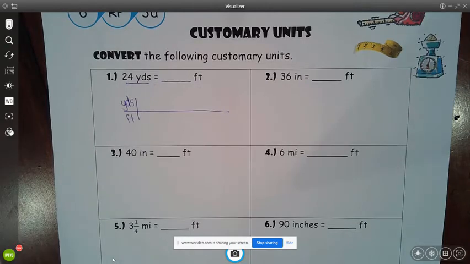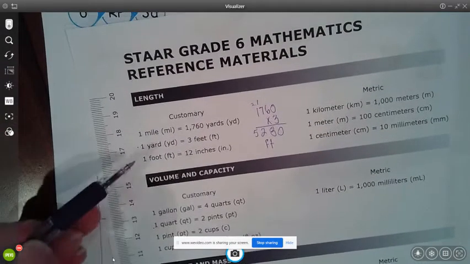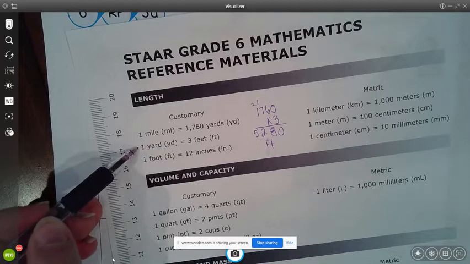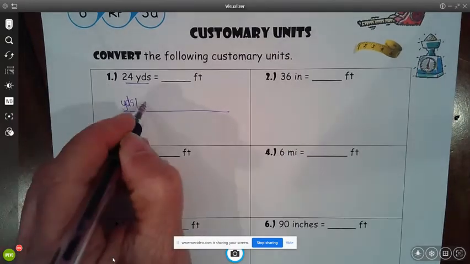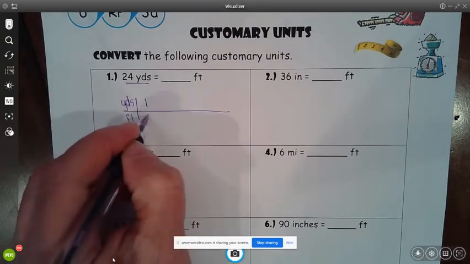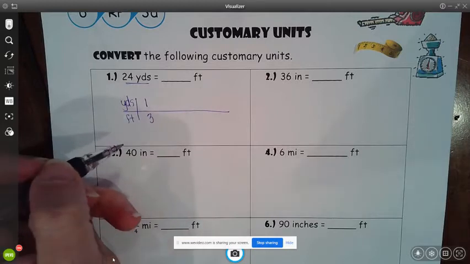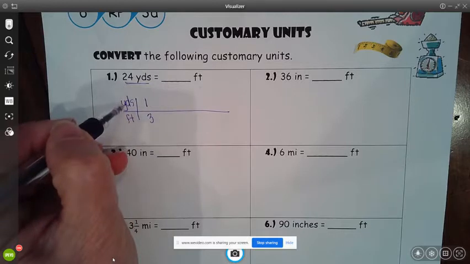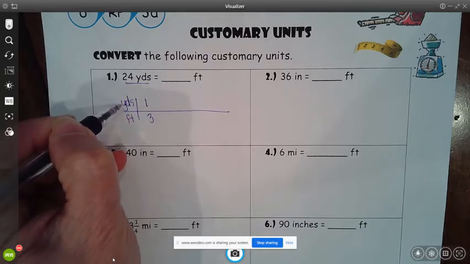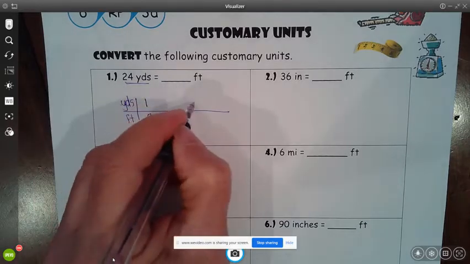And so I'm going to get my reference chart, and I can see that 1 yard is 3 feet. And I'm going to plug that in here. 1 yard is 3 feet. So then all I have left to do is to plug in my 24 on the same line that's labeled yards. So it's going to go here.